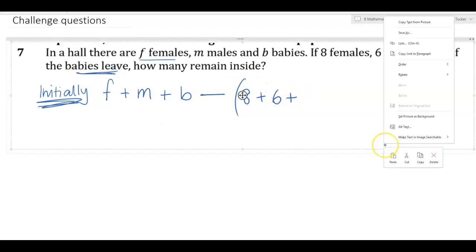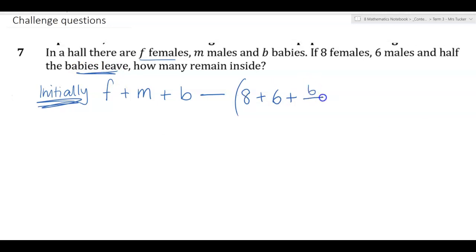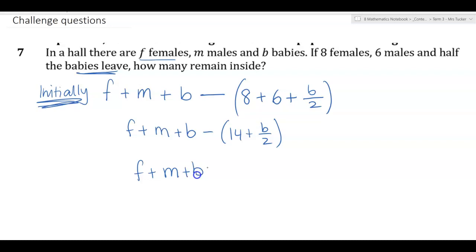What's half the babies? B over 2. Okay, so we lose half the babies, and then we want to know how many remain inside. So that's why I've subtracted them all. And so what I would do is I'm going to just simplify my brackets a little bit. So it's going to be minus 14 plus B on 2. And then I'm just going to expand out that bracket. So it's going to be B minus 14 minus B on 2.